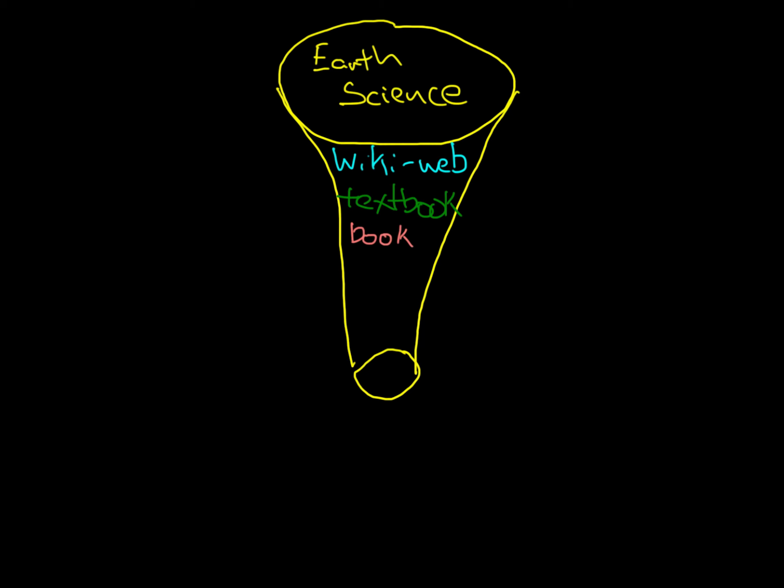And then if I go to the very bottom of this funnel, right down here, this is the area where the university research is. This is also known as the peer review.